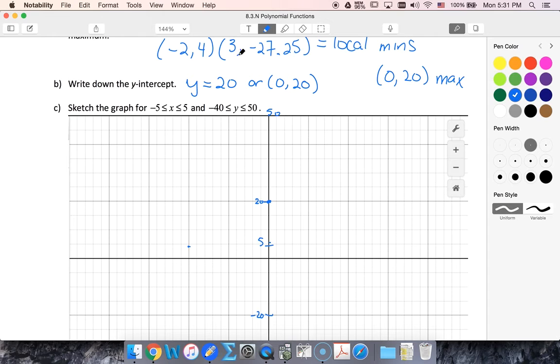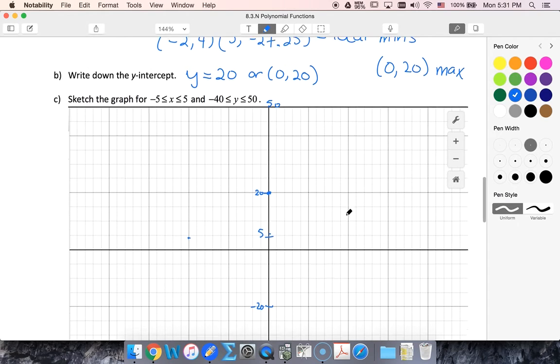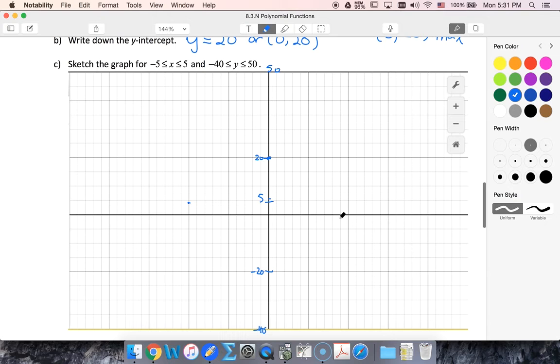My 3, -27.25. So 1, 2, 3, -20, that's 5. It's going to be somewhere around there. I'm going to label it 3, -27.25, so we know what the values are. There was my y-intercept, and here was my -2, 4, so we know that.